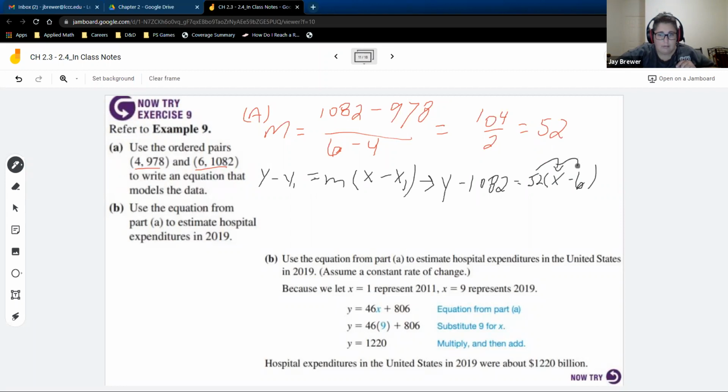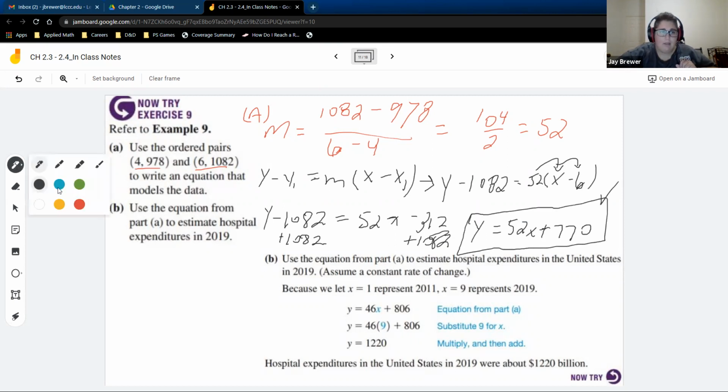We're going to distribute and simplify. So y minus 1,082 equals 52x minus 312. We're going to add 1,082 to both sides. So your model here is y equals 52x plus 770. That's your model.